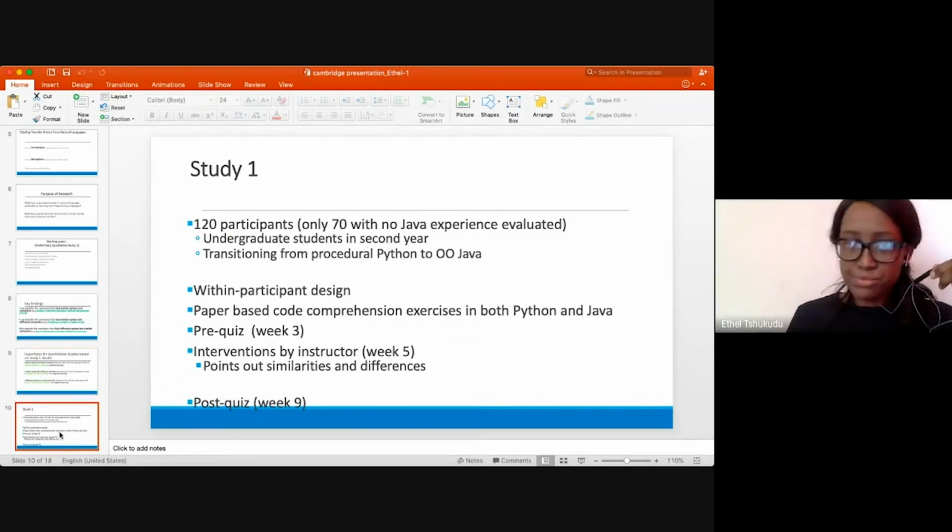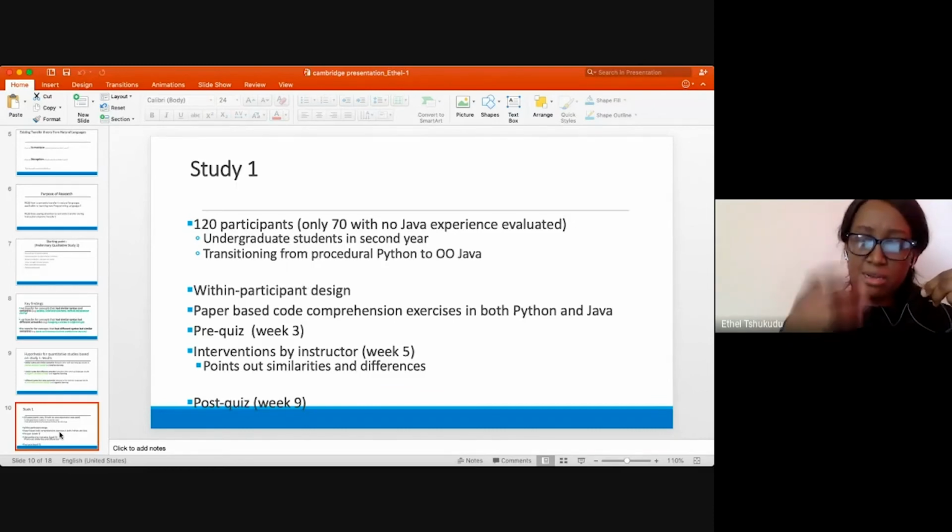To test this hypothesis, I conducted a study with 120 participants who were also transitioning from procedural Python to object-oriented Java. It was a within-participant design, so there were no controls. Everyone was exposed to the same treatments within the same class.